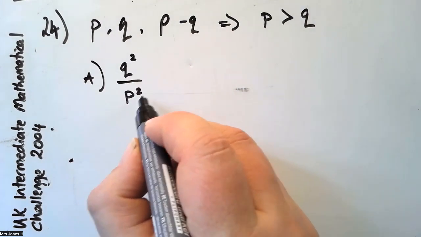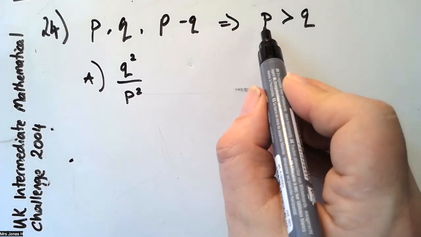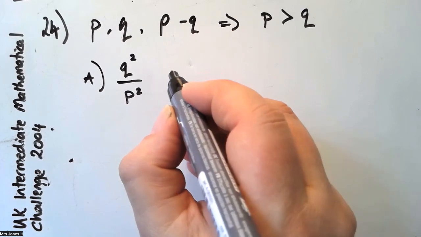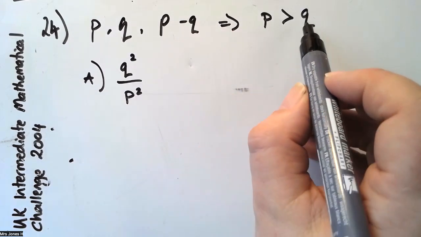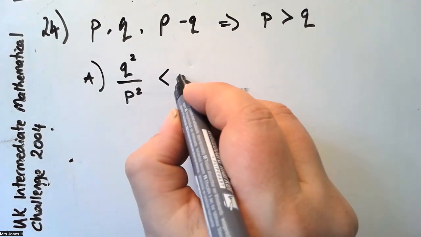A: Q squared over P squared. We know that Q is a positive number. We know that P is a positive number. So this has to be less than 1 because Q is less than P. So therefore Q squared over P squared is going to be less than 1.